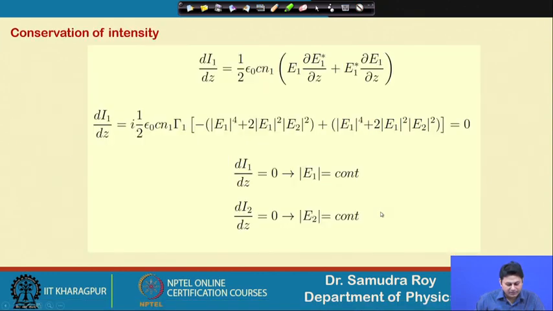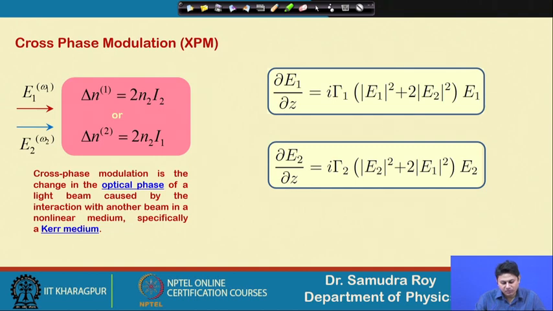So, let me go to the next slide. First, if I look at these two equations carefully, del E1 del z and del E2 del z, these two equations are coupled, and we know that when there are coupled equations, there is a possibility that energy will transfer from one to another.